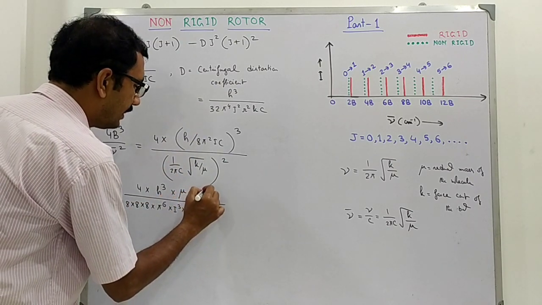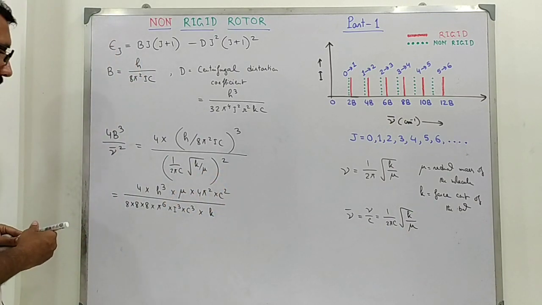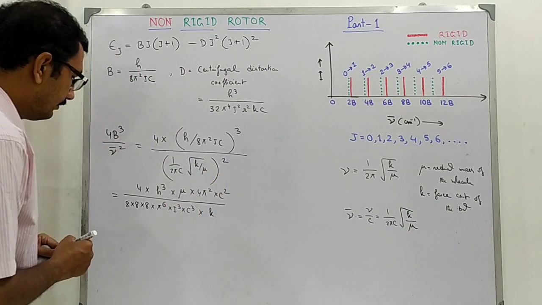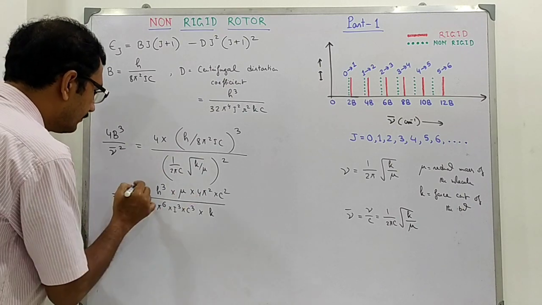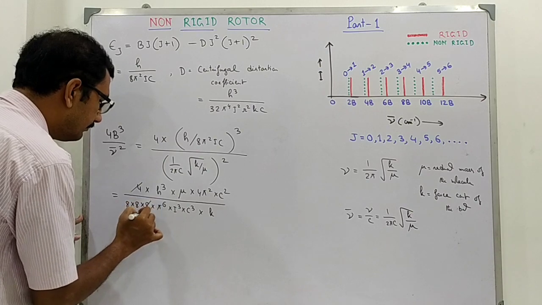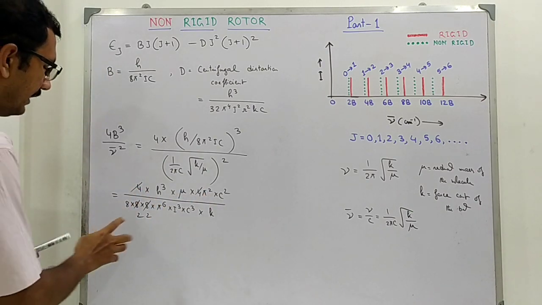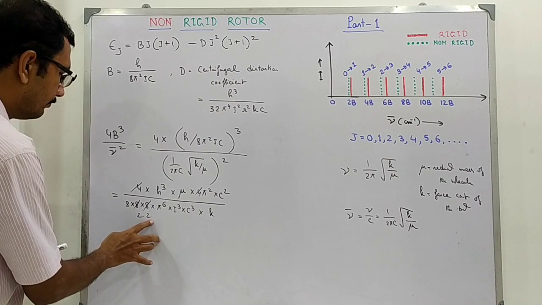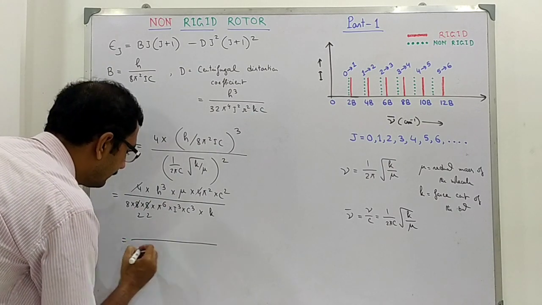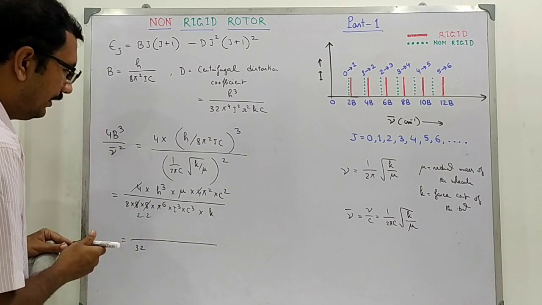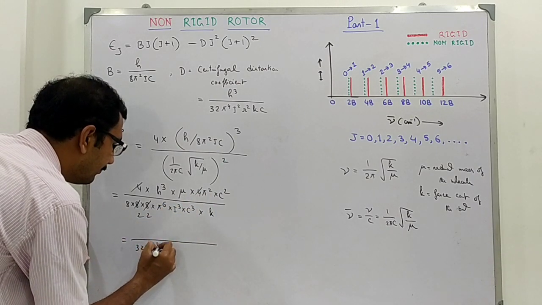So, it will be 4 pi square into c square. Now, see this 4 and 4. So, you cancel this 4 by 2, this 4 by 2. So, you will have 4 here, 2 into 2, 4 into 8, that will be 32. Now, pi square by pi to the power 6, so it will be pi to the power 4 here.